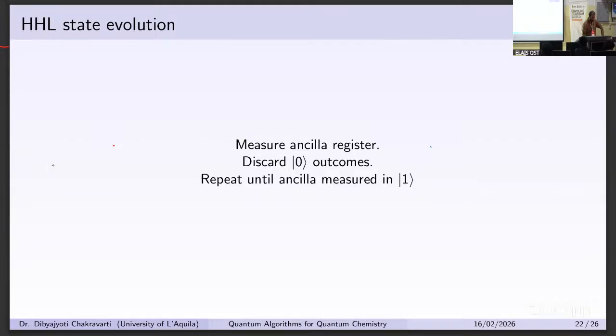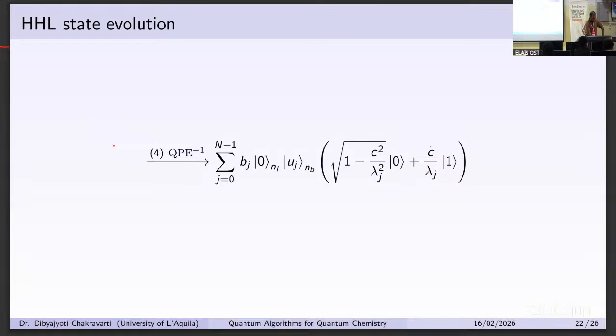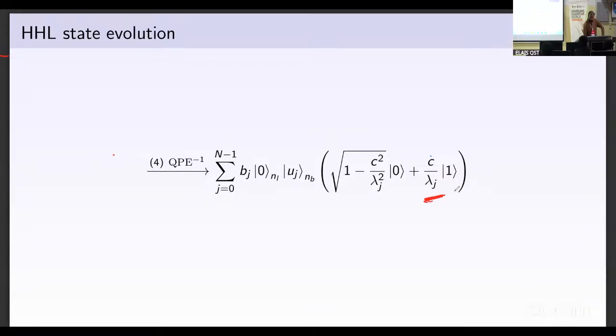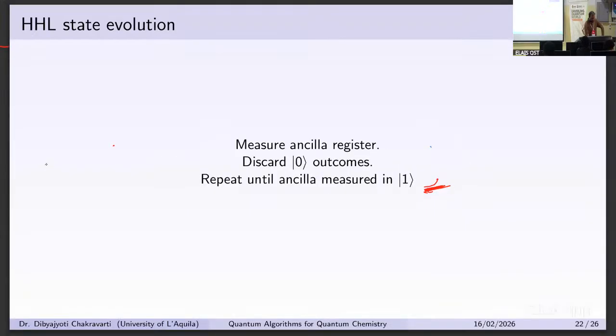Finally, when we measure the ancilla register, as we see here, the one outcome has the coefficient lambda j in it. So we need to repeat until the ancillas are all measured in 1.